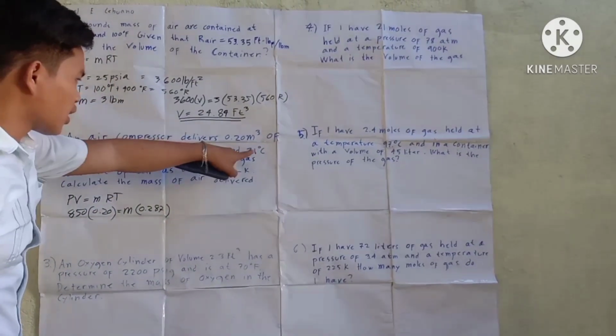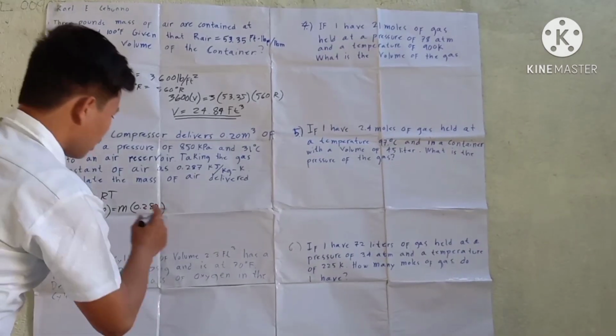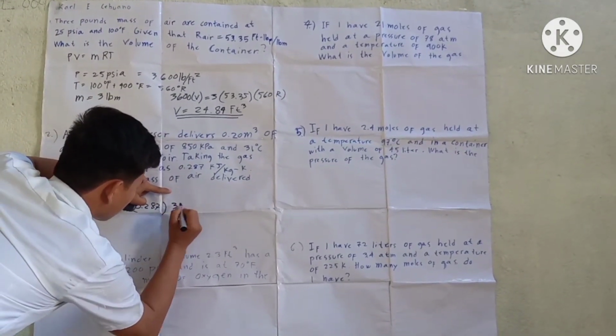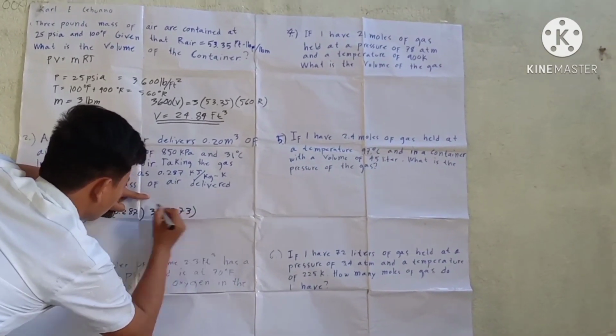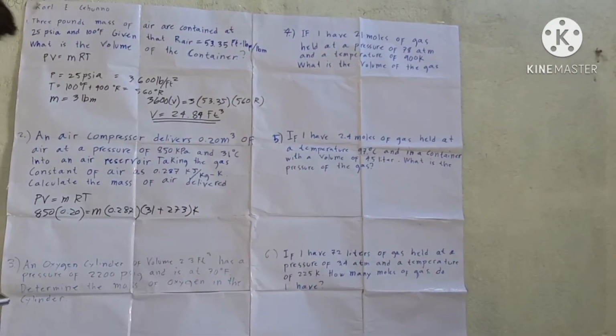The temperature given is 31 degrees, so we need to add 273 in order to convert it into Kelvin. 31 plus 273. Okay, so shift solve.